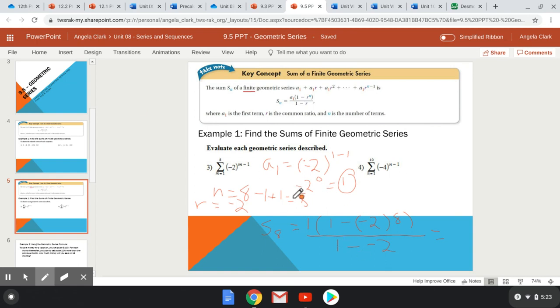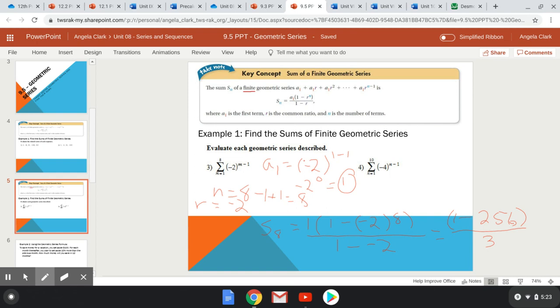Again, this 1 is not going to change anything, so I'm not going to write it in the next step. So I have 1 minus 256 over 2 minus negative 2, which is 3. On top, 1 minus 256 is negative 255.